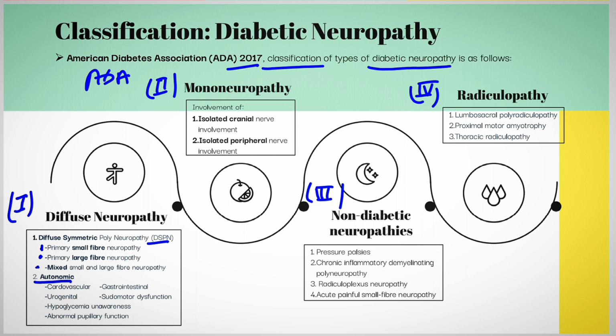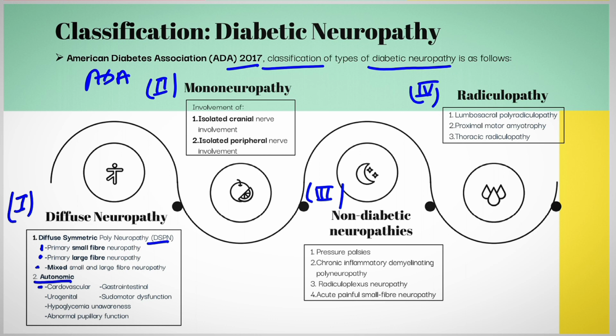This autonomic neuropathy can again be divided into various categories according to the involvement of the organ and systems. It can be cardiovascular, gastrointestinal, urogenital, pseudomotor dysfunction, hypoglycemia unawareness, abnormal pupillary function.